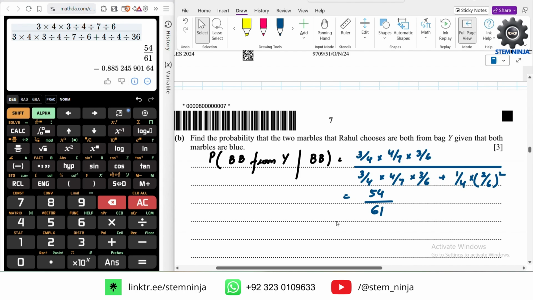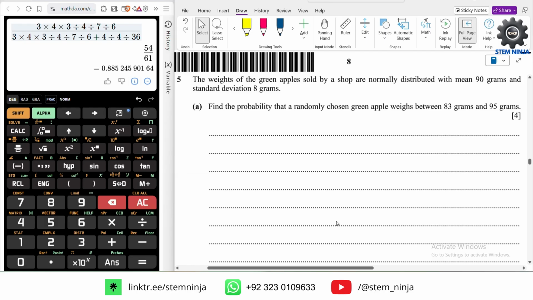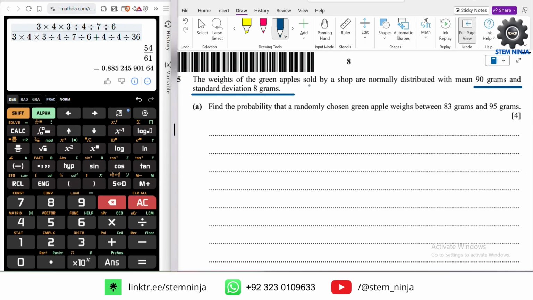Let's move on to question number 6. The weights of the green apples sold by a shop are normally distributed with mean 90 grams and standard deviation 8 grams. Find the probability that the randomly chosen apple weighs between 83 grams and 95 grams.